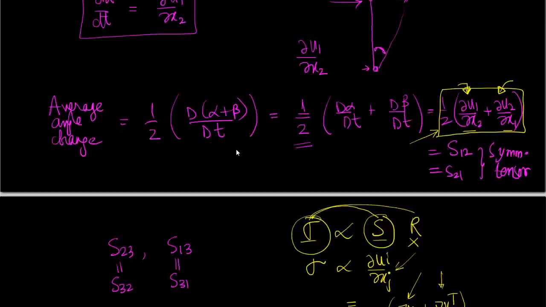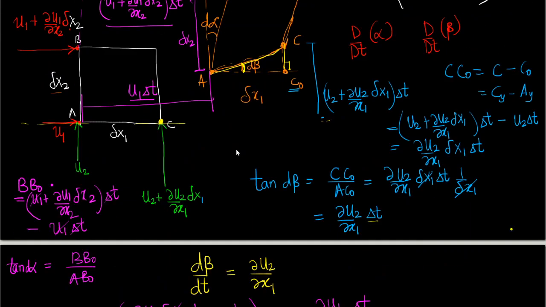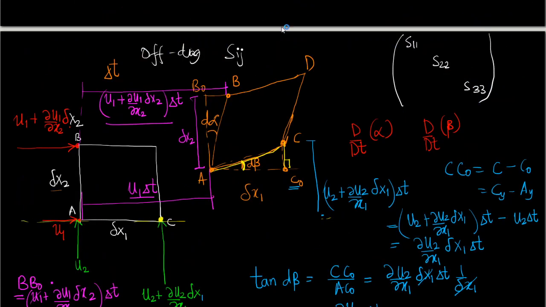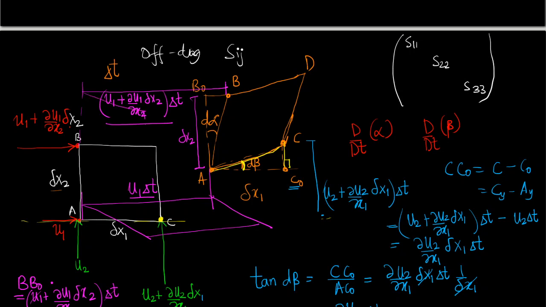Meaning, I could have taken a cubic element like this, but I would have kept all the velocities at all the points equal, so as to isolate the effects of ∂u1/∂x2 and ∂u2/∂x1.